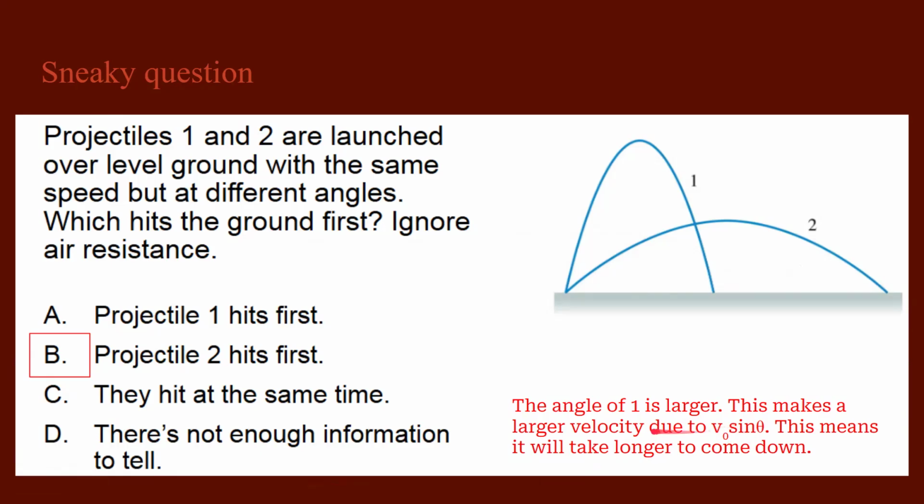So higher angle means higher velocity, and if that's the case, it can go up further. That makes sense, right? It would be able to go up further if it's a larger angle. But that also means that it has to come down too. And since it took longer to go up, it's going to take longer to go down. So that's why that one takes longer than projectile two.